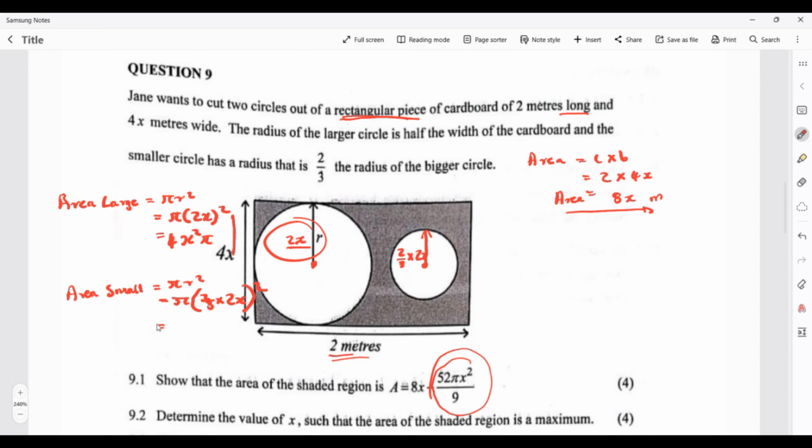When you simplify this, you're going to get pi into 4/3 x squared, of which at the end of the day, when you factor out everything, I think, let me verify from my calculator.